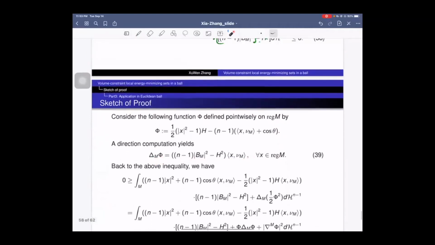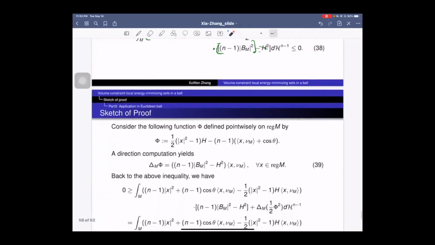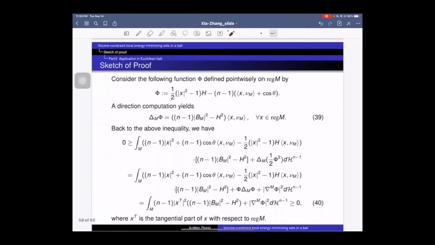And by this and this formula, we can have this inequality. And by some direct computation, we will finally arrive at this integral being bounded above by 0 and bounded below by 0. So it is indeed 0.